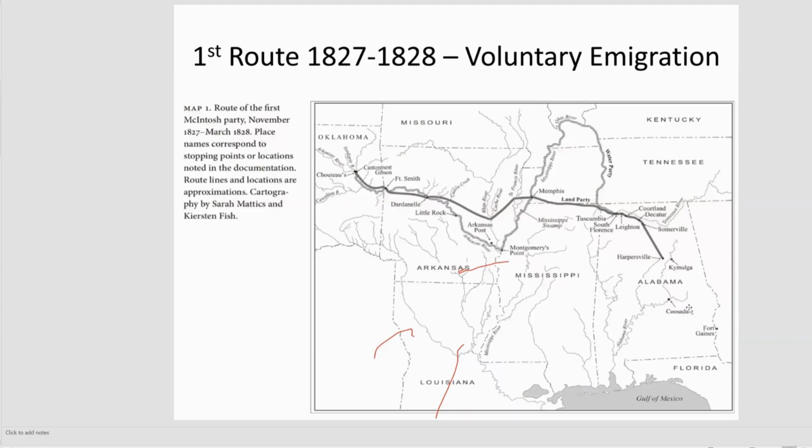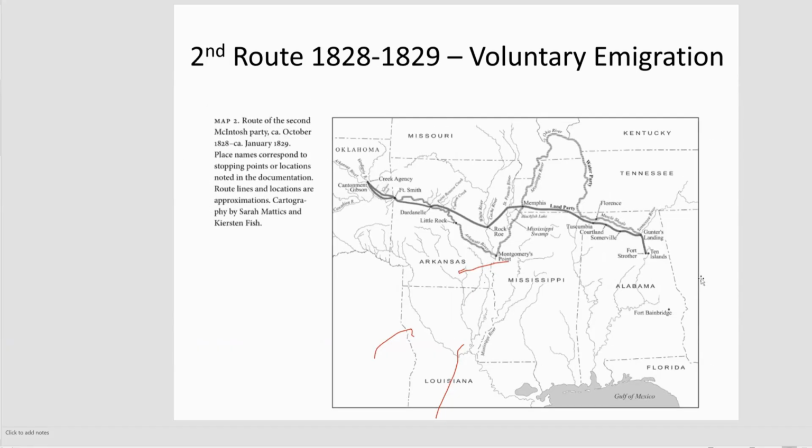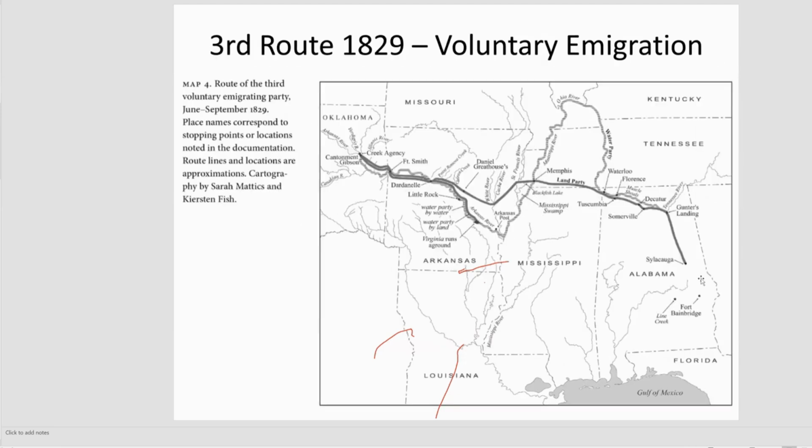And it's amazing because Fort Gaines is lower, but this is the actual path they had to take for safety. There were different time periods and they took different paths. So this was the first path, this was the second route, and then this is the third route. And this is all up until 1829.